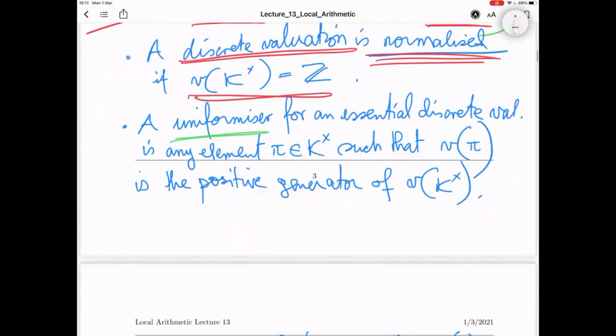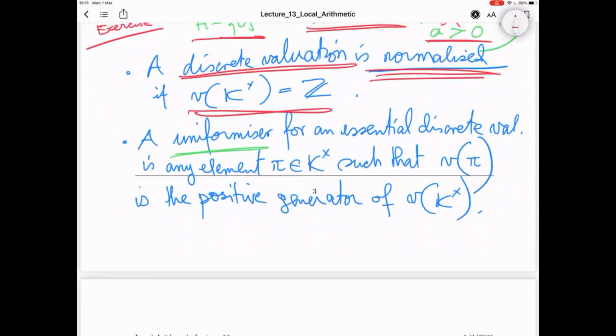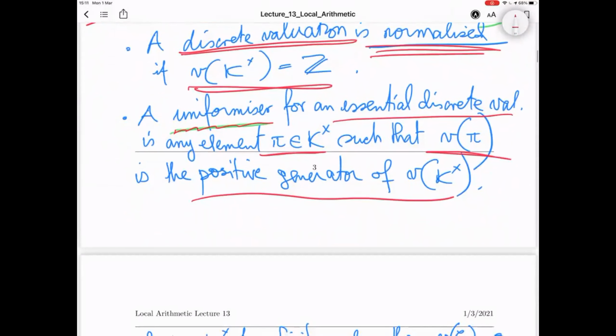Now, if I have a discrete valuation which is not trivial, then I have this notion of a uniformizer. What is that? It's an element of K star such that V of that element is the positive generator of V of K star. Why does V of K star have a unique positive generator?